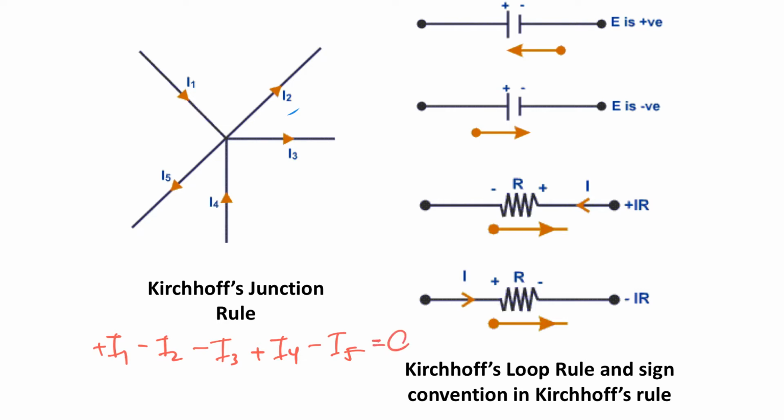So current coming into the knot is equal to current leaving the knot. This is the equation for the first Kirchhoff law.